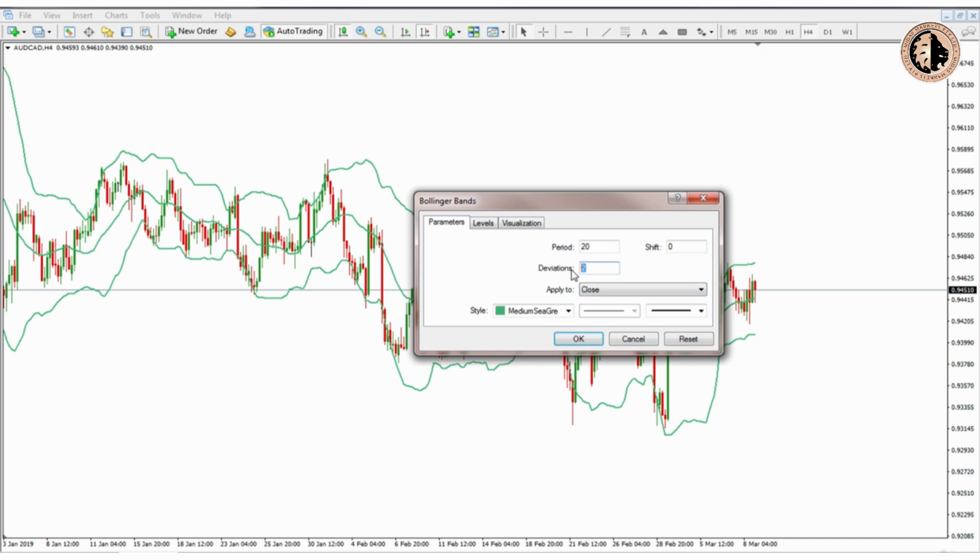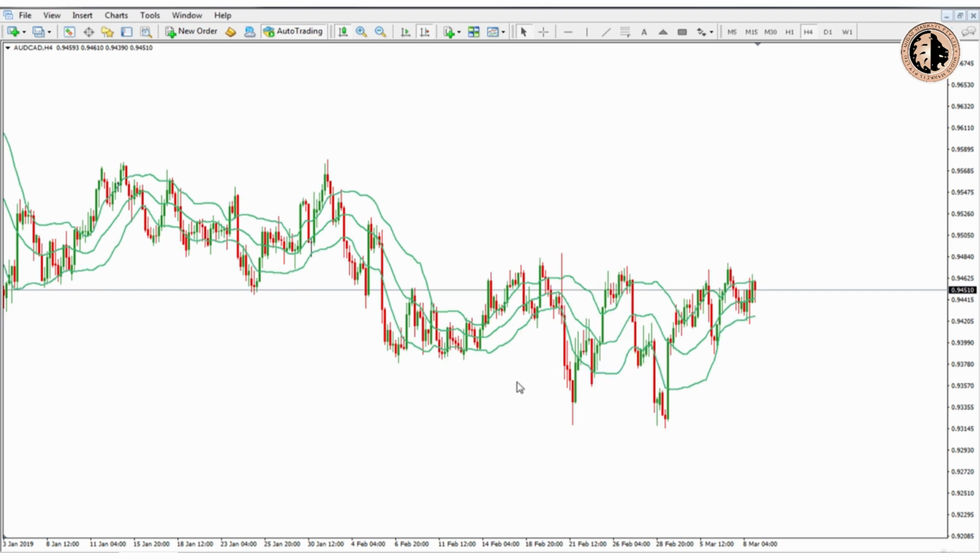I will now change the input for deviation. If I enter 1 instead of 2 and click OK, what does this indicator tell us? It tells us that 68.3% of the time, the price will be within the indicator, while the rest of the time, which is 31.7%, will be outside the indicator.